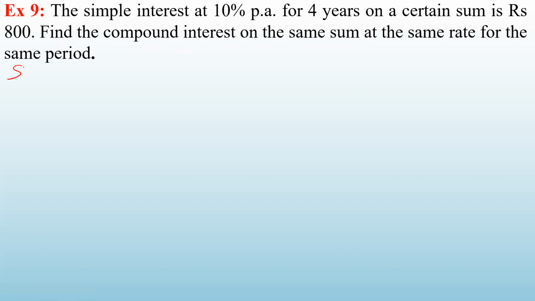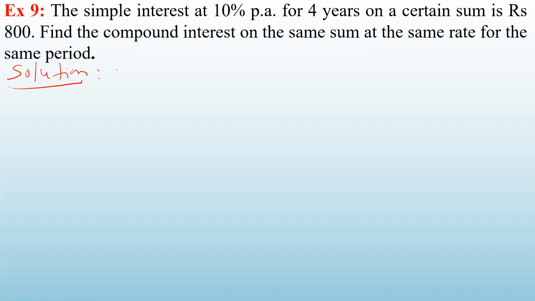First, write down what is given to you here. What is given to you in this problem? The simple interest at this 10% rate and for 4 years on a certain sum. So that principal sum is not given to you. Simple interest on that sum is 800.